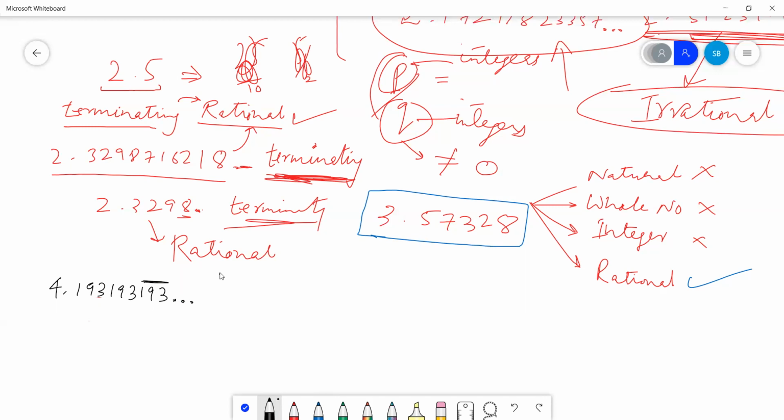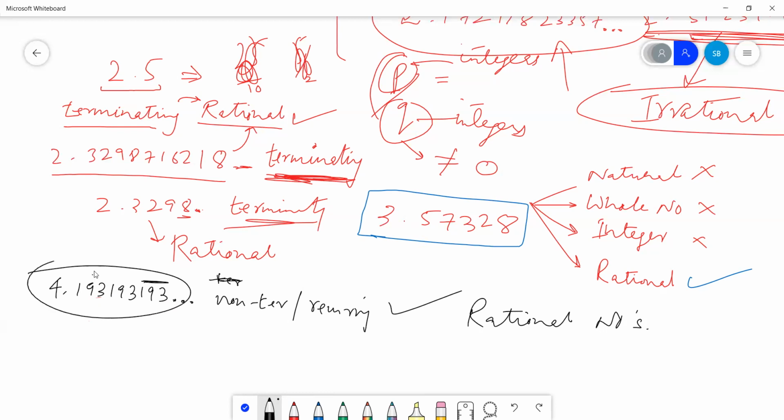So those numbers which are non-terminating, but they are recurring, they are also rational numbers. Are you following? Yes. Those numbers which are non-terminating like this, but they are recurring, they are also rational numbers.